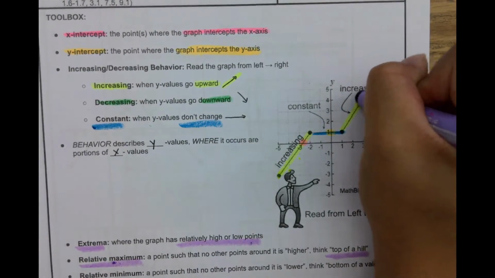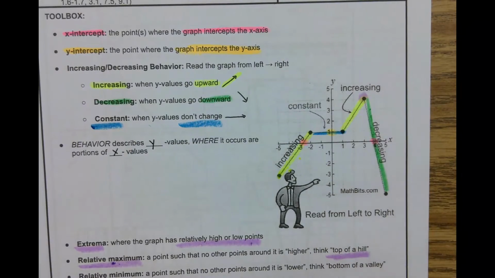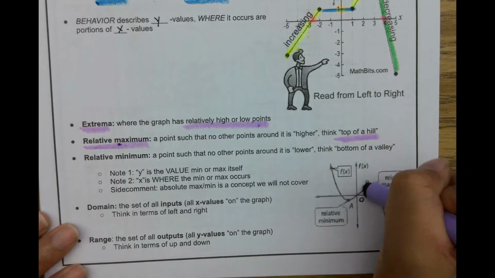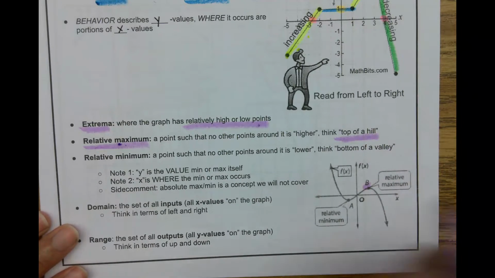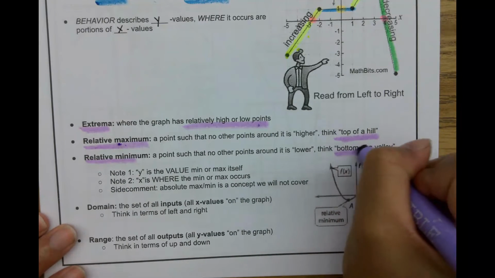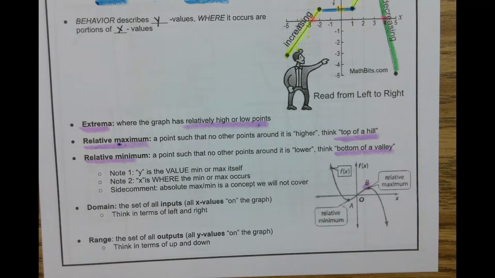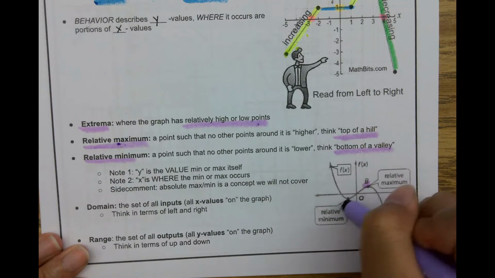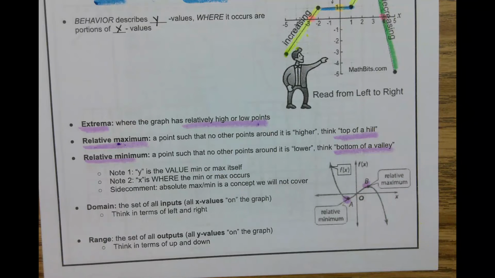This is the top of a hill or a mountain. Or we see it here, like the top of a hill. It is a relative minimum when it's the lowest point. We think of it as the bottom of a valley. So here's a valley. This is an example of a relative minimum.